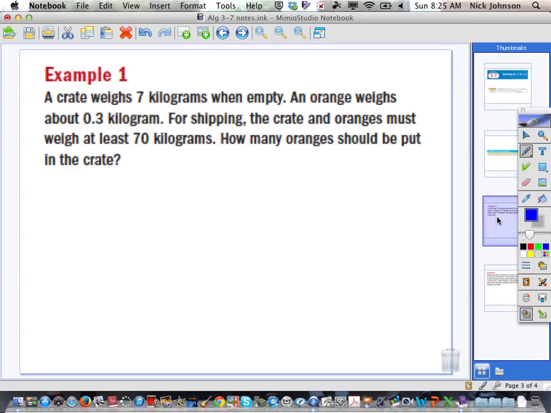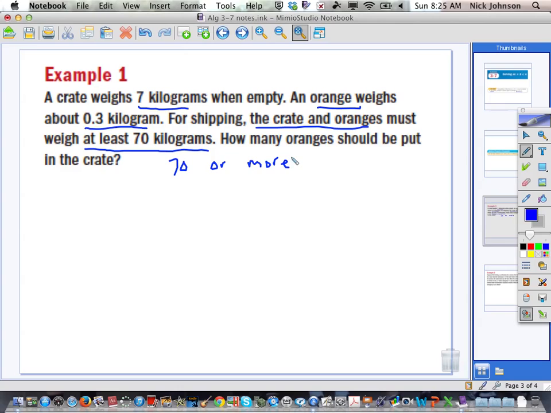It says a crate weighs 7 kilograms when empty, and an orange weighs 0.3 kilograms. For shipping, the crate and oranges must weigh at least 70 kilograms. So at least means 70 or more. I just want to point that out. 70 or more.